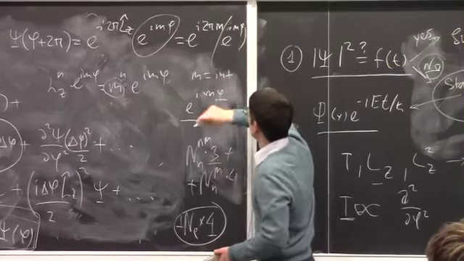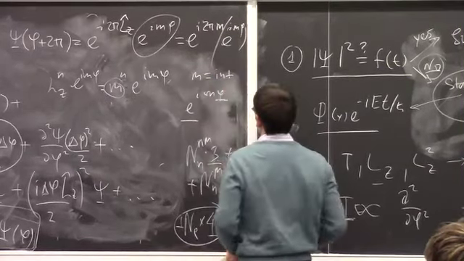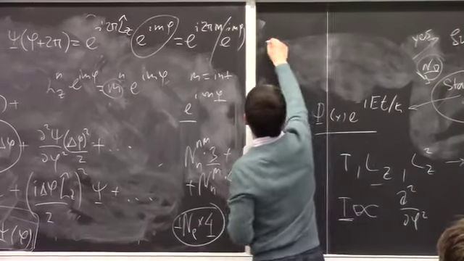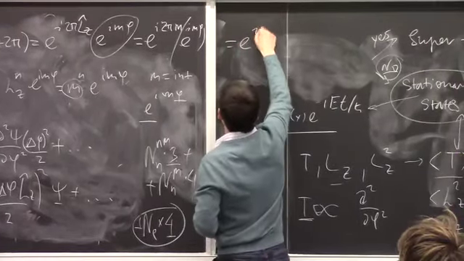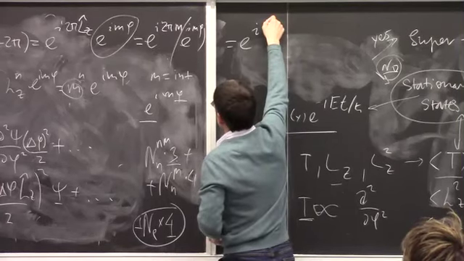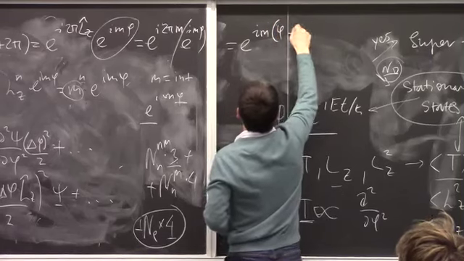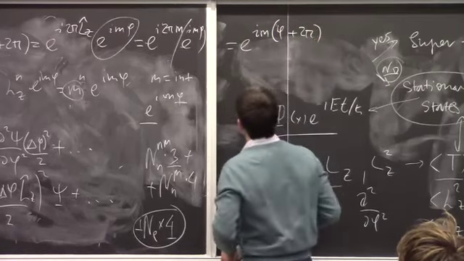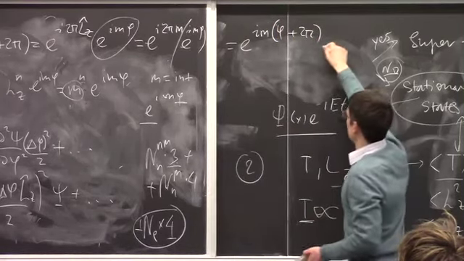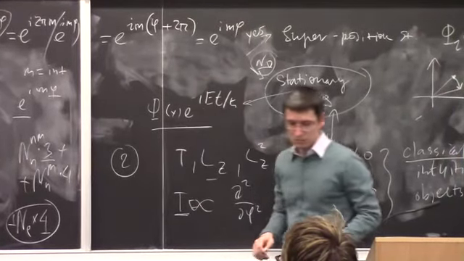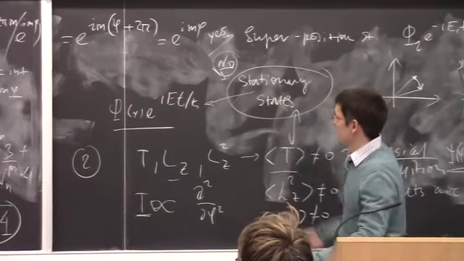If we combine them, we have one exponent i m, and then phi plus 2 pi. And we know that this is equal to e to the i m phi times e to the i 2 pi m.